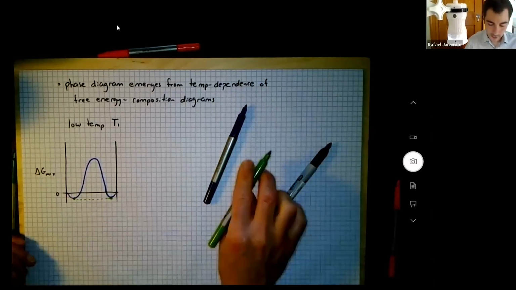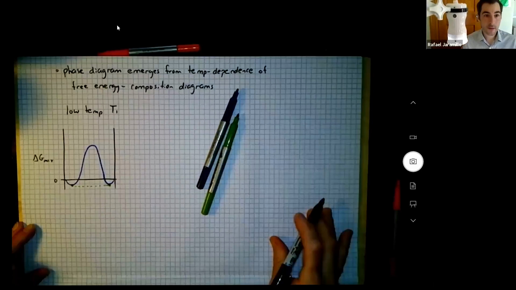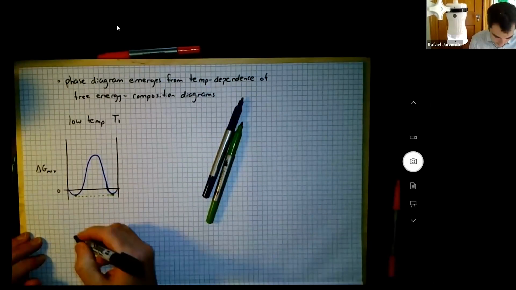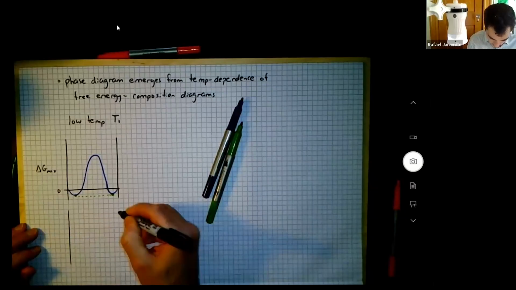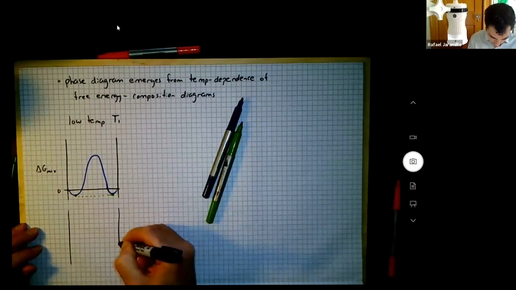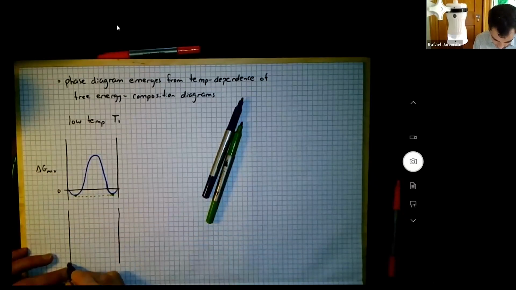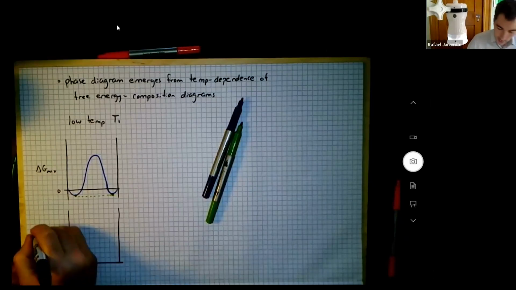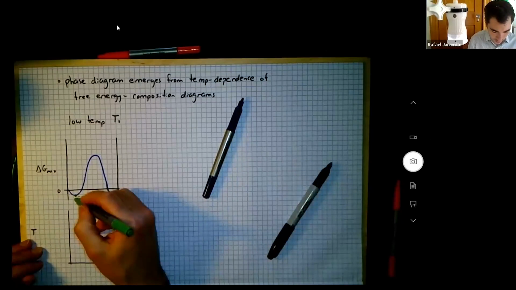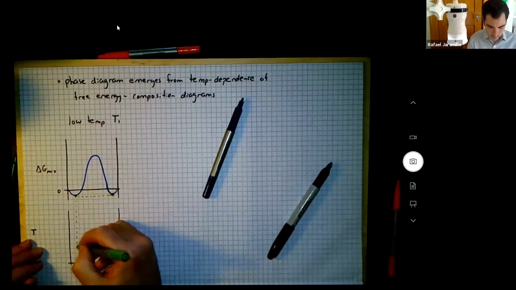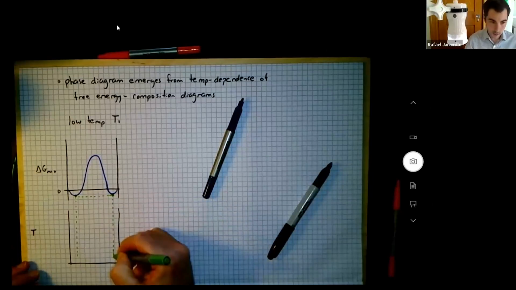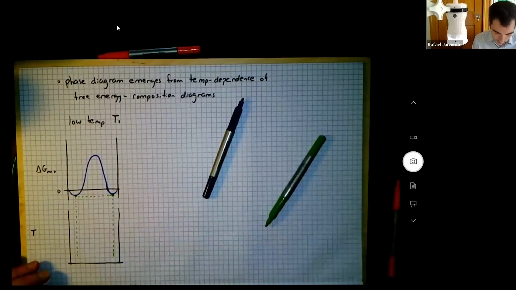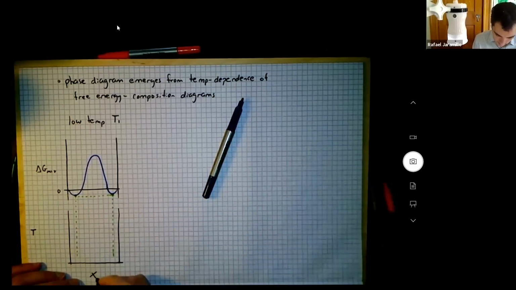So now, right below this, we're going to draw the phase diagram. This is going to be temperature. I'm going to drop down those compositions. This is X_B.